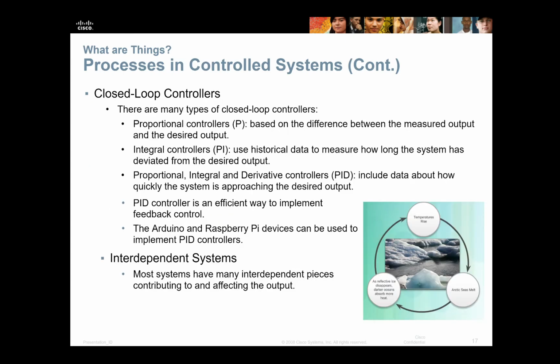Okay, closed loop controllers. You will actually be using these different kinds of control loops later in the studies, no doubt about it. Practically there are three kinds of closed loop controllers.